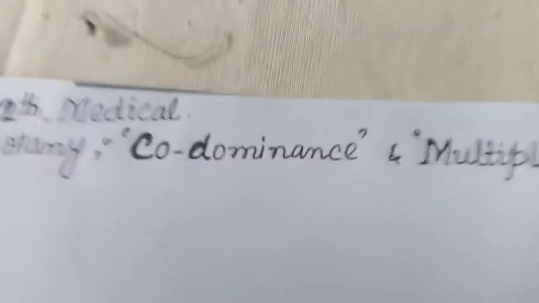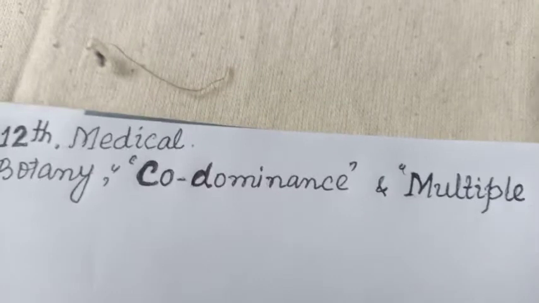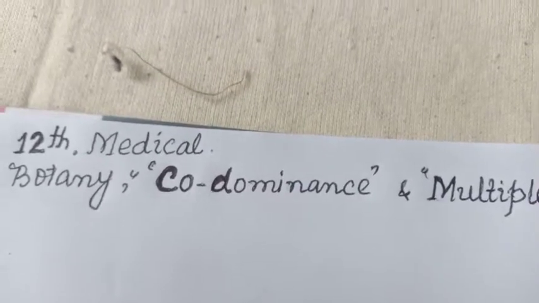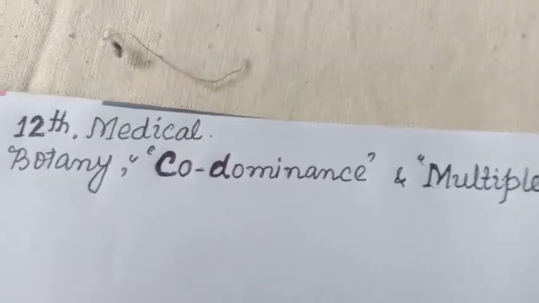But here we are going to discuss codominance, wherein in an allelic pair both the genes are equally dominant. And also we may learn about the multiple alleles. And here we go.